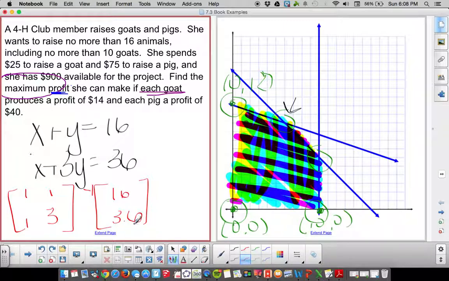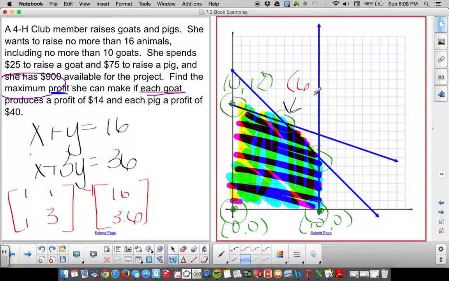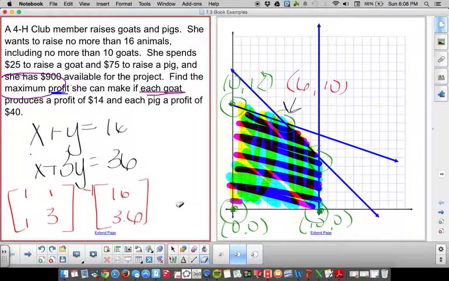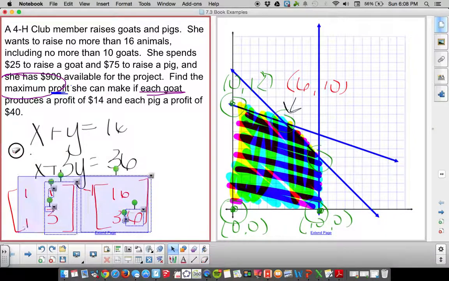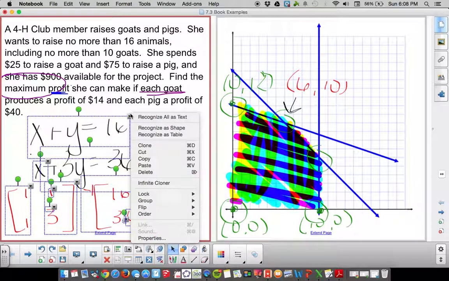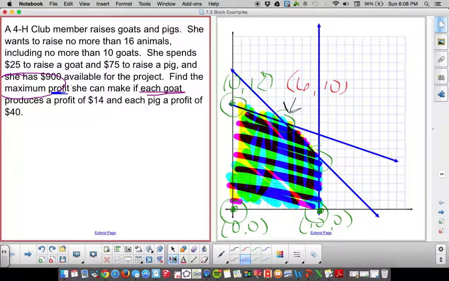Once I solve that in my calculator, I get that my intersection is 6, 10. So that's how I would find the corner there. Now, of course, you can use your other methods from Algebra 1, solving by substitution or elimination. Those work just fine. You'll come up with the same corner.